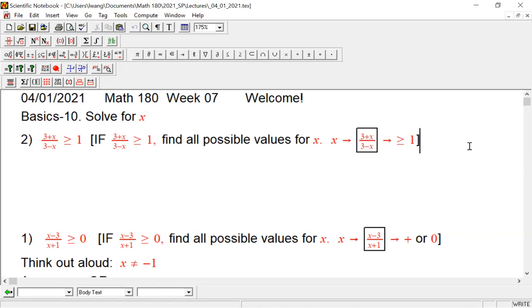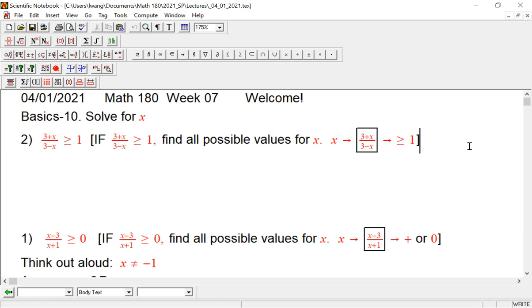So all the perspectives are similar. The question is, how do we deal with it? Can you multiply both sides by 3 minus x? Which is very tempting, isn't it? The answer is absolutely not.